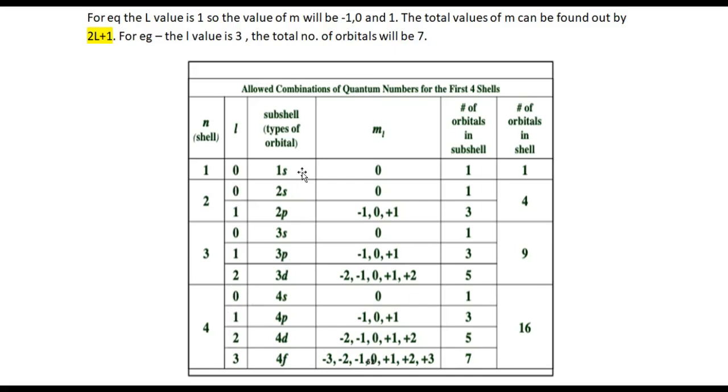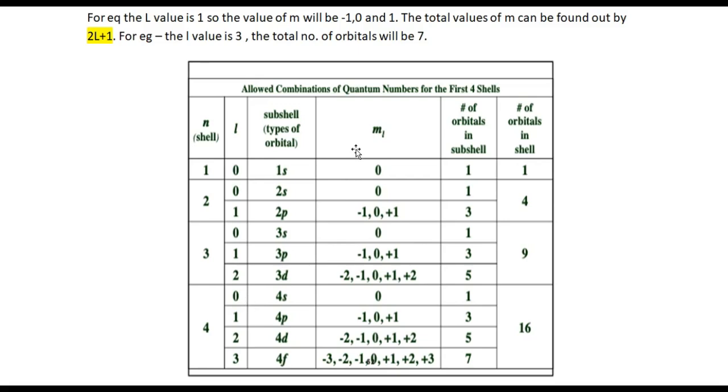Now the subshells, the types of orbitals: it is 1s, 1 for the principal quantum number and s for 0. Then 2s, and 2p for 1. Then 3 for the principal quantum number, with s for 0, p for 1, and d for 2. We have done this previously also, and so on.